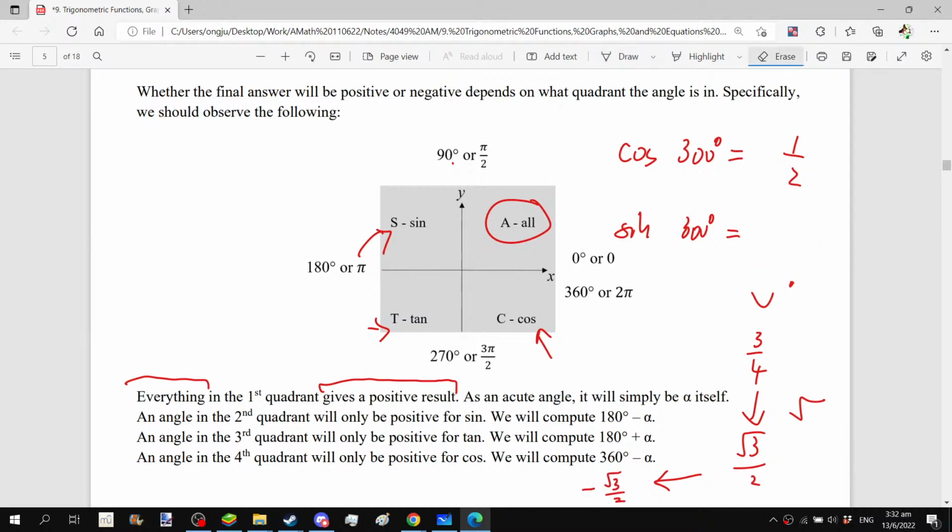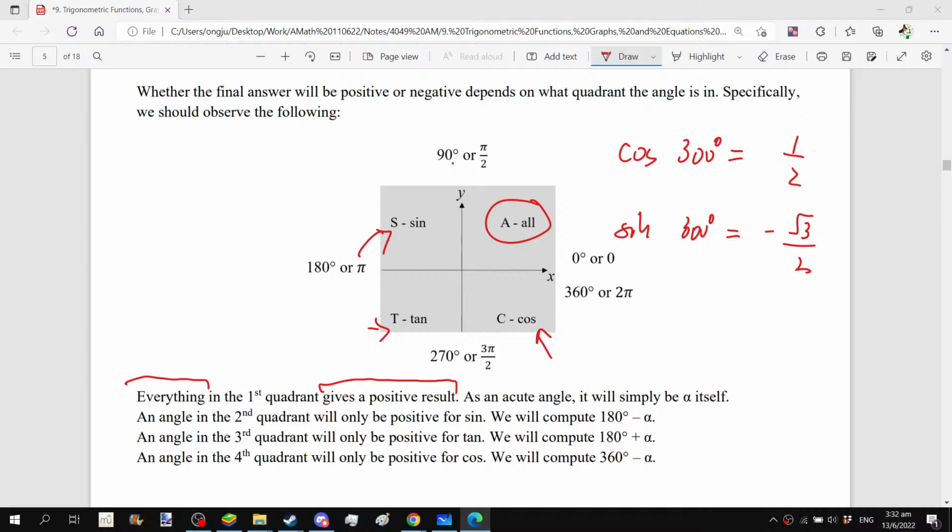Right? And therefore, indeed, we see that the sine has given us a negative result, which makes sense. We're in the fourth quadrant. 300 degrees is in the fourth quadrant. So if you're in the fourth quadrant, the only person who enjoys positive answers is cosine. And the sine function, too bad for him, will have to contend with having negative values.